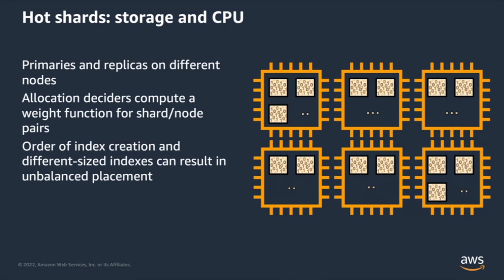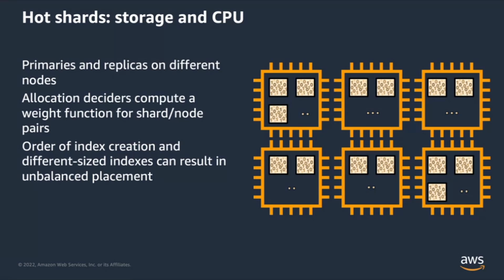In this case, I'm showing a couple of nodes that have 2 big shards and 3 small shards, and the other ones have 3 big shards and 2 small ones, right? So you're in a situation where your storage is going to be unbalanced. As you add more indices, more primary shards for those indices, and more replicas, this situation can get very unbalanced, and then the cluster becomes unhealthy.